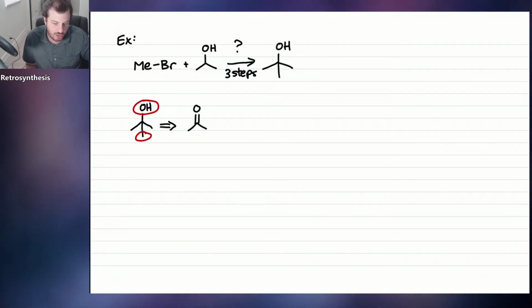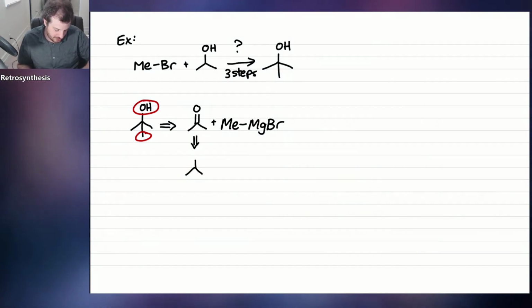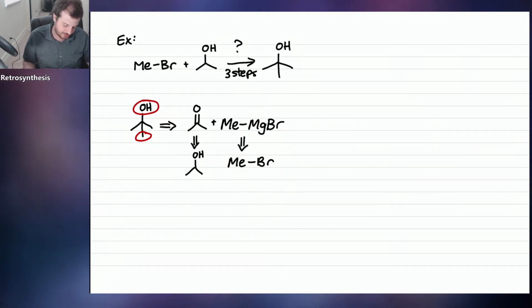So there's the alcohol oxidized plus methyl magnesium bromide. Now this ketone could be made from our corresponding alcohol, which is one of our starting materials. And the methyl magnesium bromide could also be formed with methyl bromide, which is another one of our starting materials.